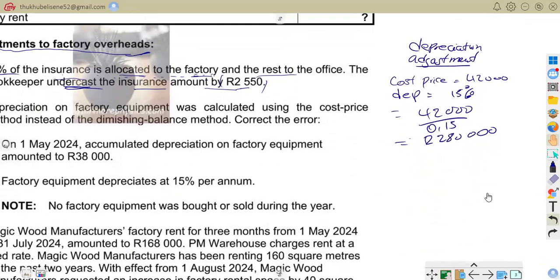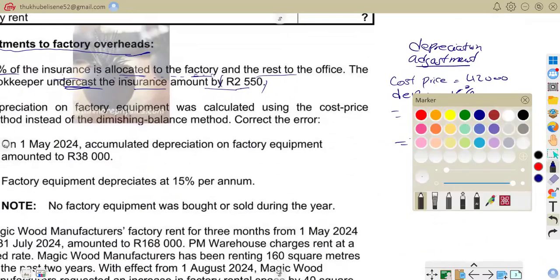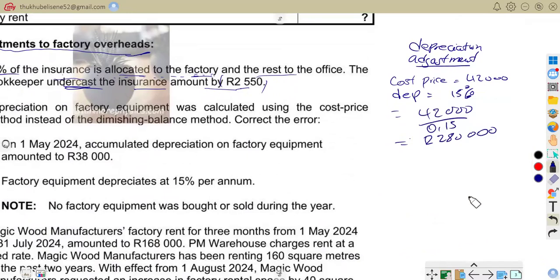So now we are to calculate the carrying value on 1 May 2024. So we have to look at the carrying value from 1 May 2024.